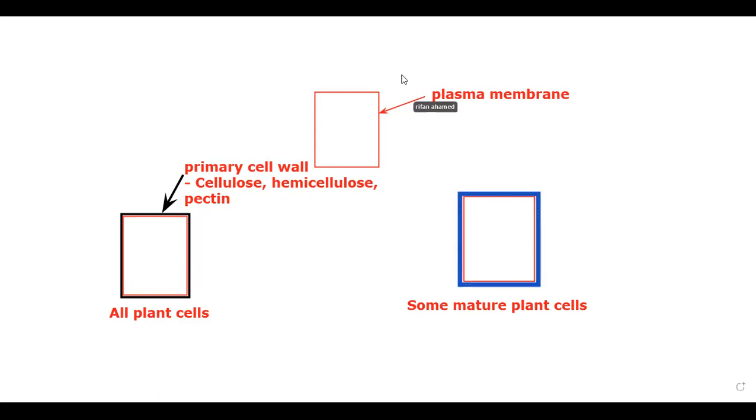It is the secondary cell wall. Then the primary cell wall will be pushed outwards. Primary cell wall will be here. Understood? Yes, sir.